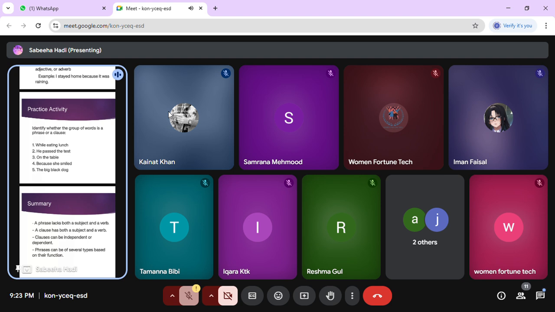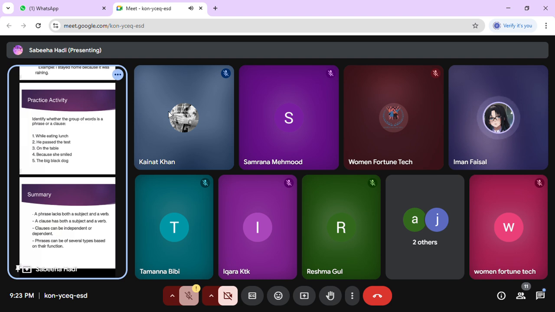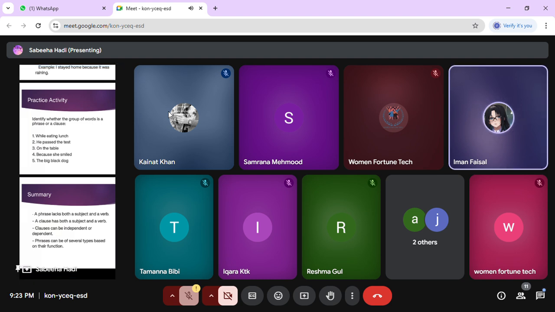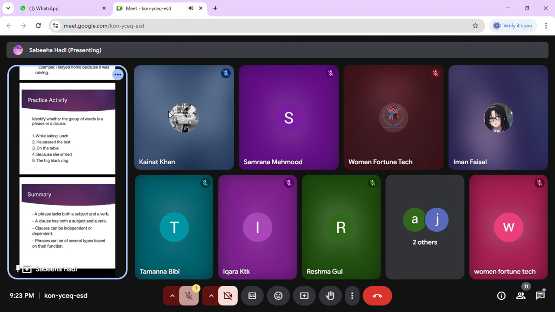It is a phrase, not a clause. Adjective clause or adjective phrase? It's an adjective phrase because it doesn't have any subject or verb.